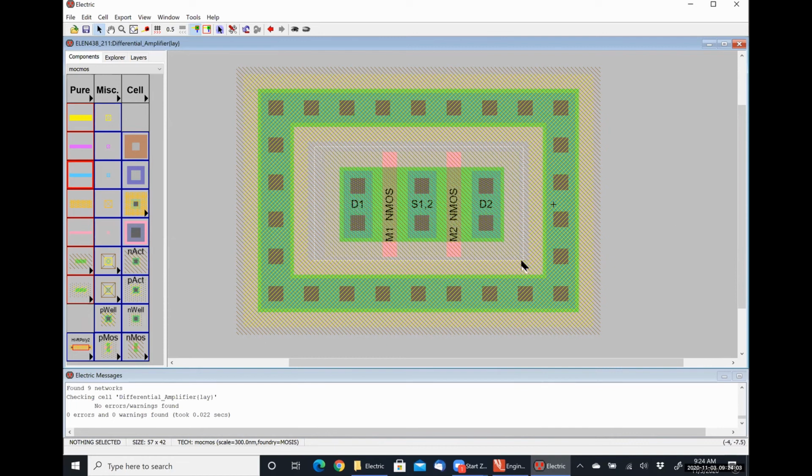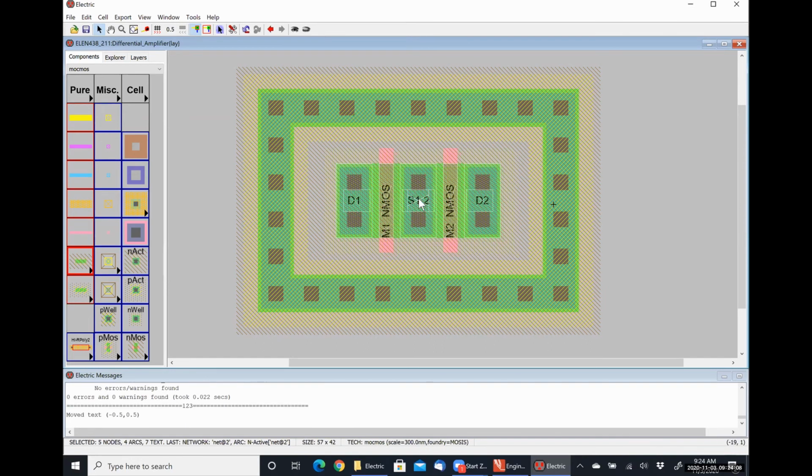I am simply just going to move these guys slightly so that things are symmetrical. All right, so that's the bit at the bottom. That's my NMOS transistor M1 and transistor M2. Let's see here.